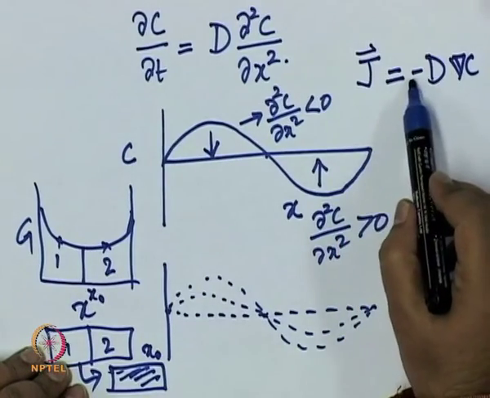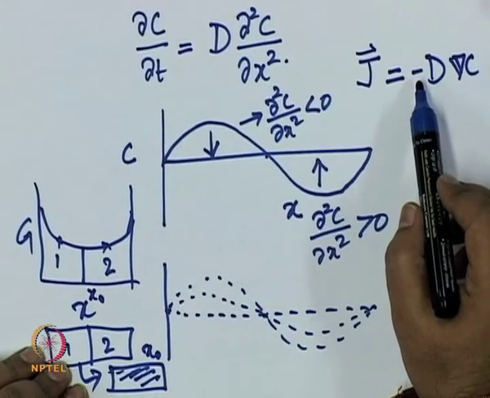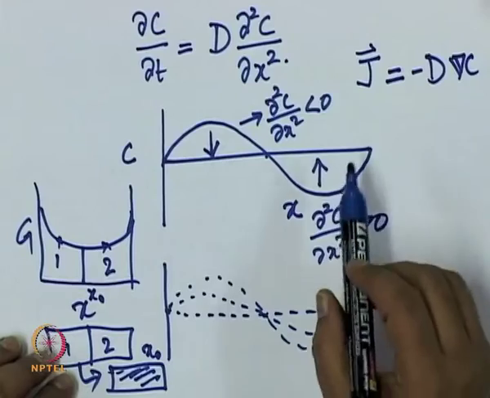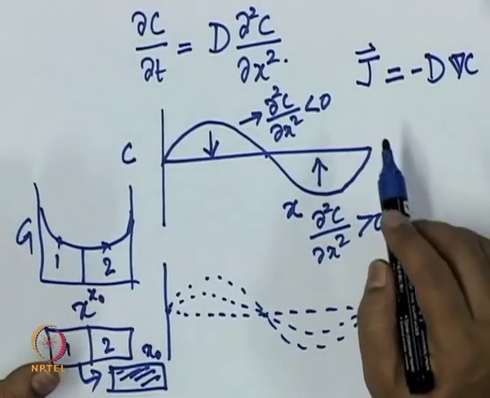Okay, that is what the negative sign said, assuming that diffusivity is a positive constant. Okay. So, that is the case that we want to discuss a little bit more in detail, which will bring us to the end of this module. Okay. We will discuss this in the next part. Thank you.